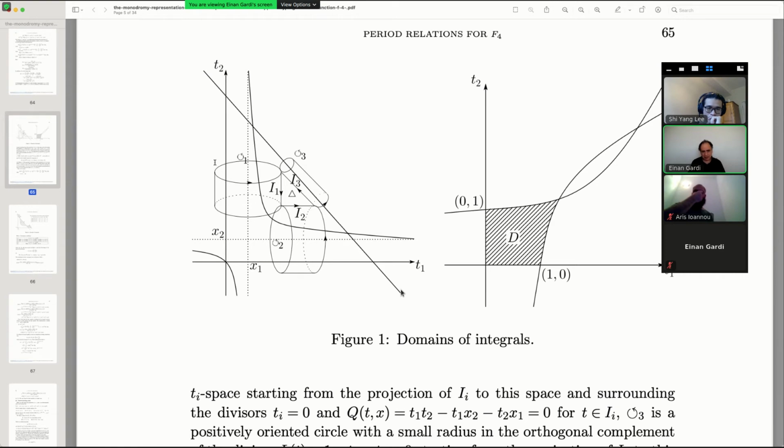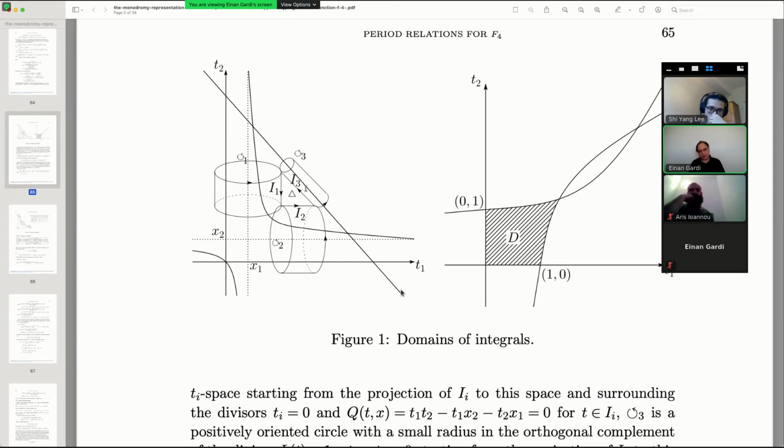So this cylinder wraps both lines. And this I2 cylinder wraps this horizontal axis and this Q type hyperbola. And I3 is only this oriented circle here that wraps the diagonal 1 minus T1 minus T2.